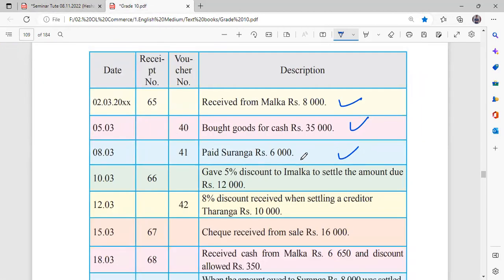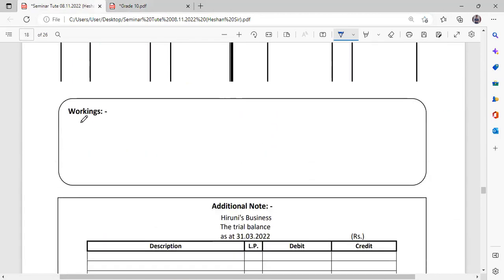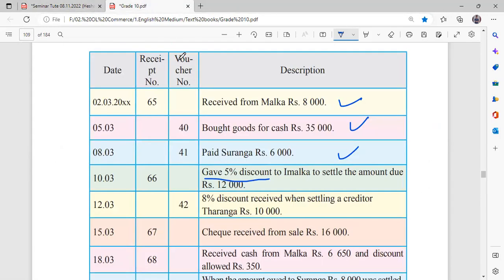Gave 5% discount to Imalka to settle the amount due 12,000. Gave 5% discount, which means discount allowed, to Imalka, not Malka. In the working, you need to do a calculation to identify the discount allowed on March 10th.